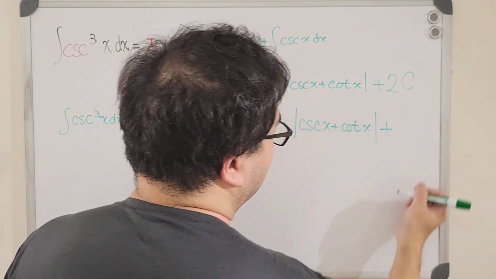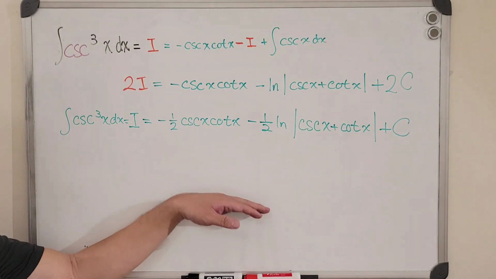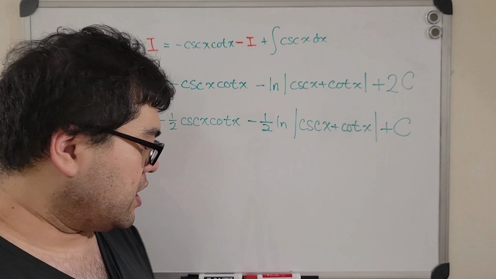And then finally, plus 2 divided by 2 is 1 times c. And that is it.